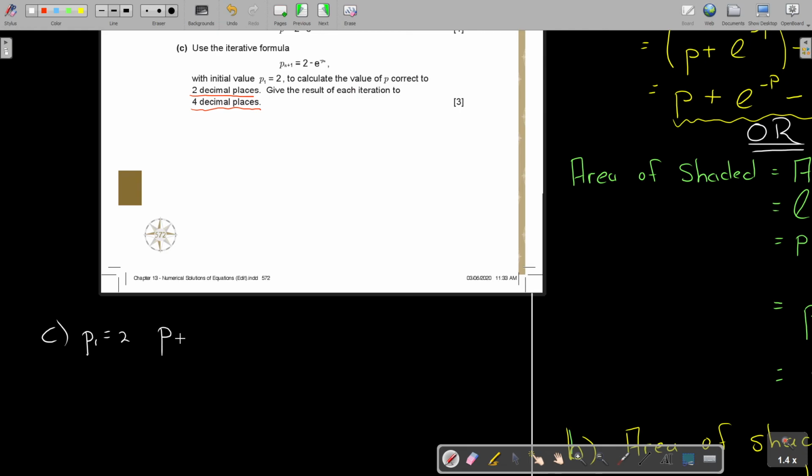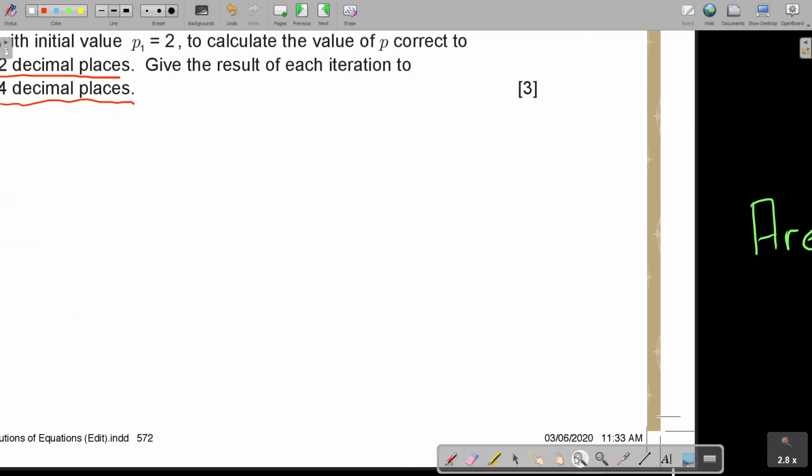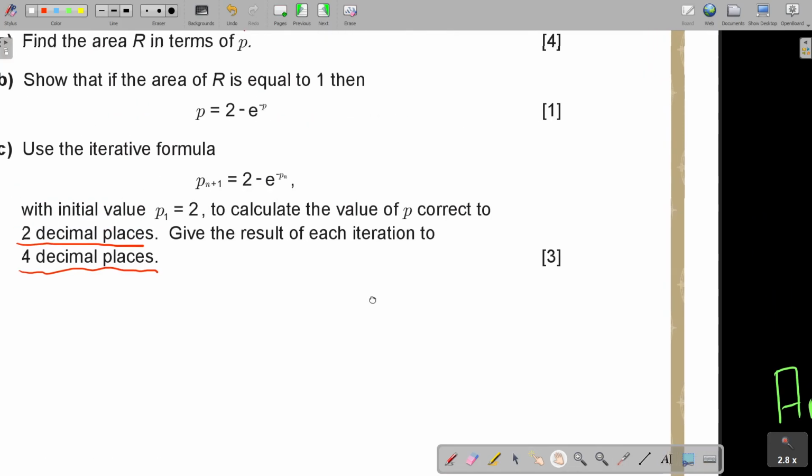Remember, it's now not X, just P, doesn't matter. And it's 2 minus e, and it's very, very small. So in the textbook, I think you will see it better. But it's negative P to the power n. Do you see that?